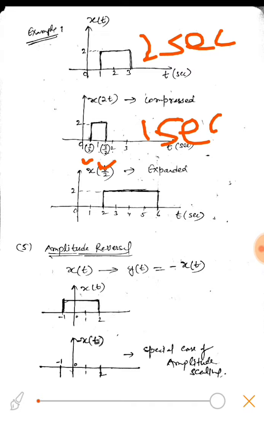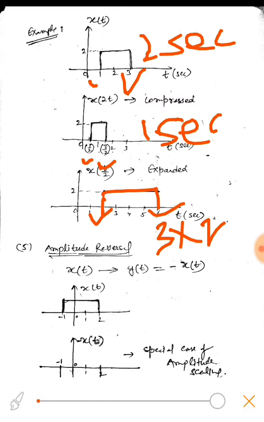Similarly, if I divide t by 2, x(t/2), then what I was getting at 1, I will get at 1 into 2, that is 2, and what I was getting at 3, now I will get at 3 into 2, that is 6. So the signal is expanded by 2 units.